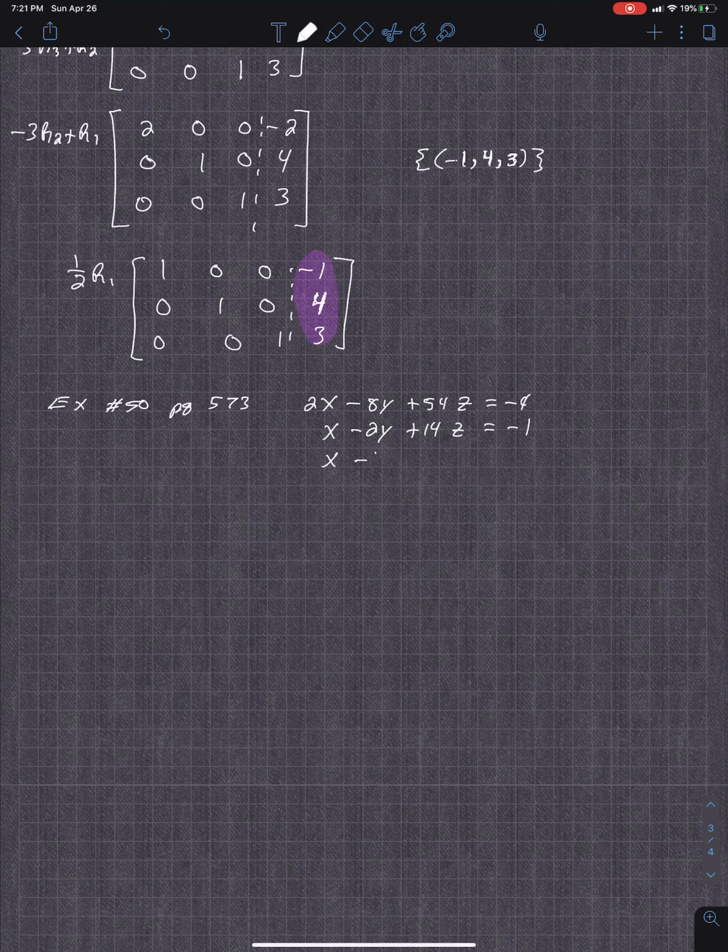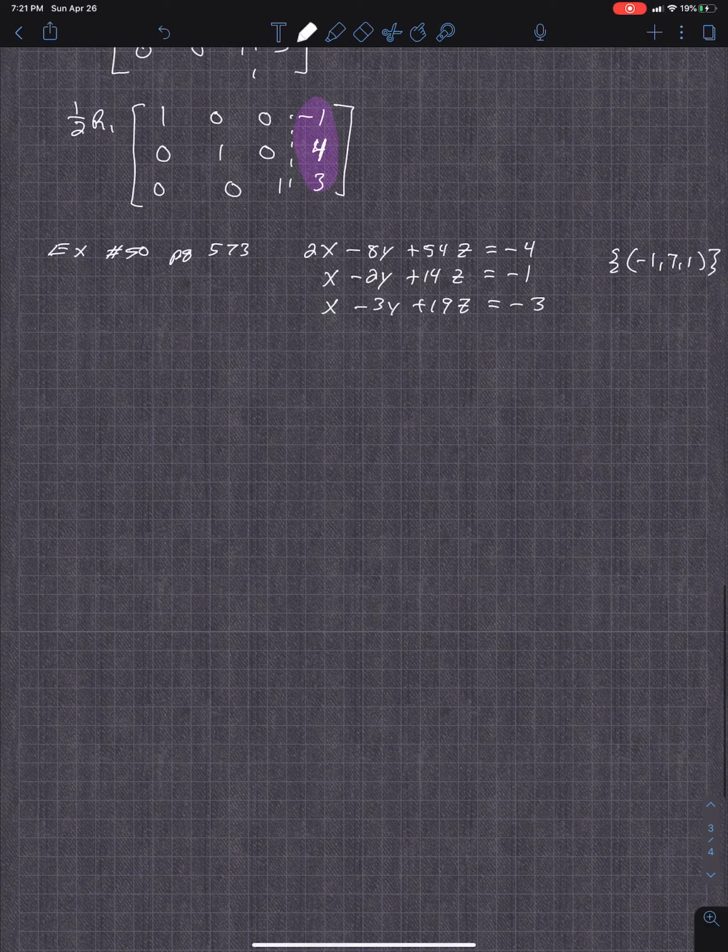And x minus 3y plus 19z equal to -3. And the solution in the book is -171. So we'll double check that, work through that and see what you get before we go on to 6.2.